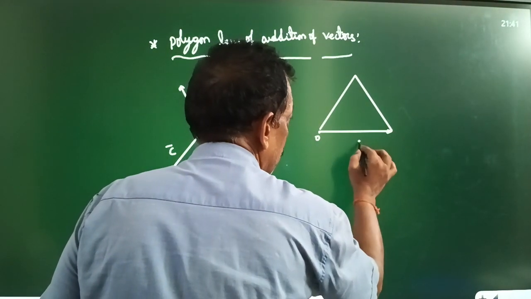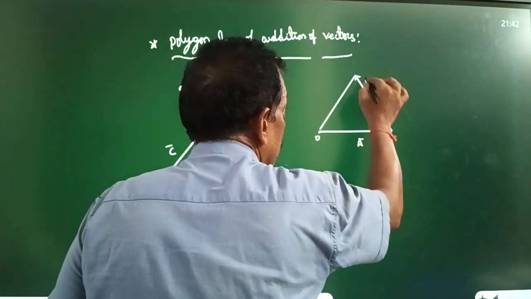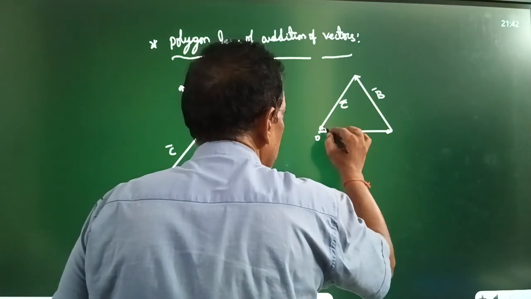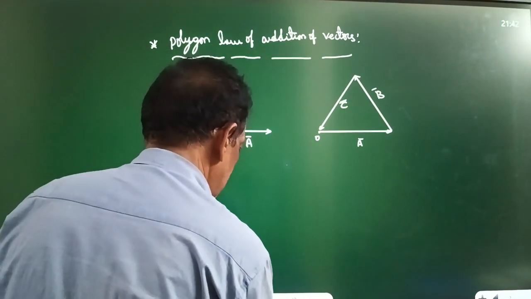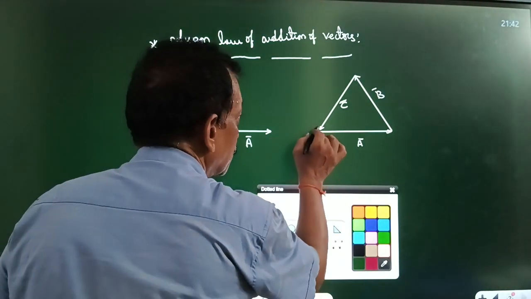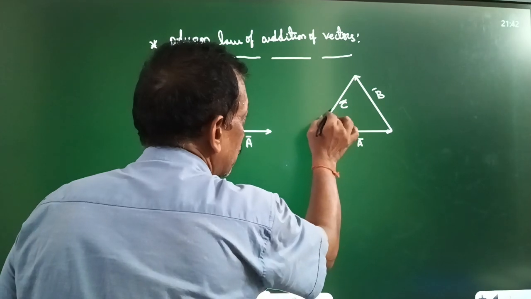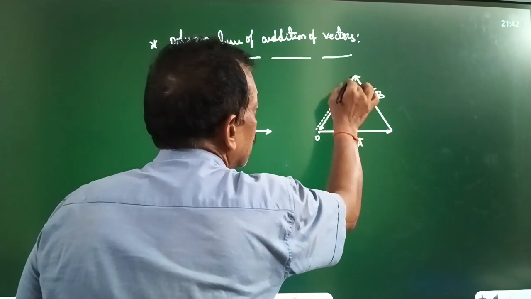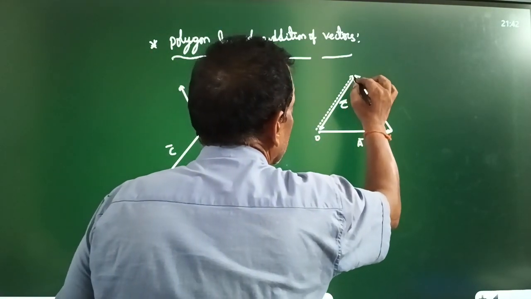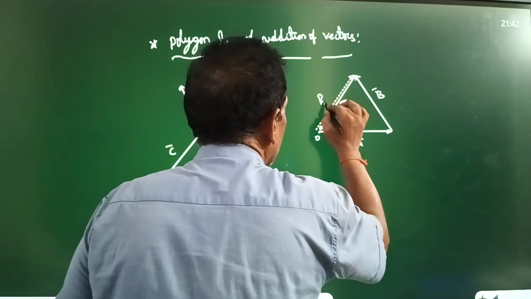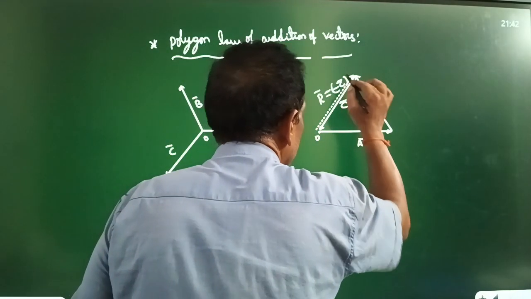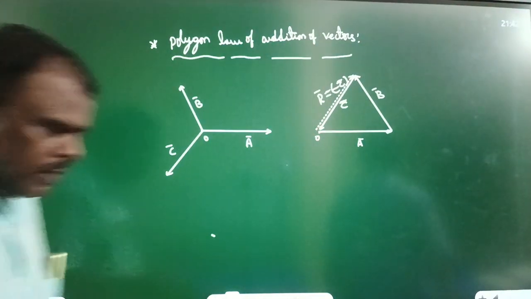This is the A vector, this is the B vector, this is the C vector, and the R vector, the result vector, is this, which should be opposite in direction to the closing vector. R vector is equal to minus C vector.